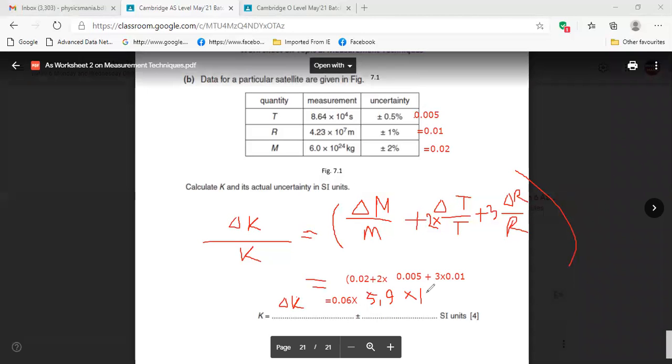Ten to the power 11. Okay. Then we have finally 0.355, right?